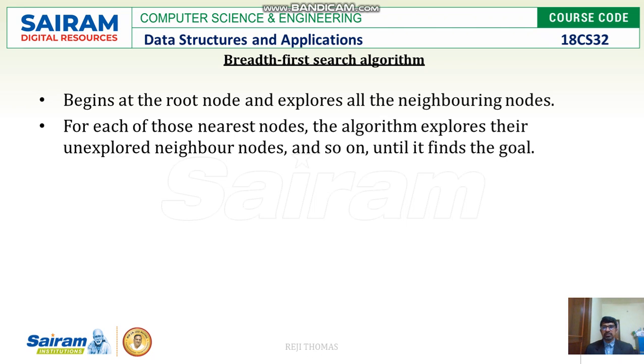For each of those nearest nodes, it is going to explore their unexplored neighbors. Let me make it clear. First, you begin with the root. For the root, you find the neighbors. Again, for those neighbors, you find unexplored neighbors, until it finds the goal.